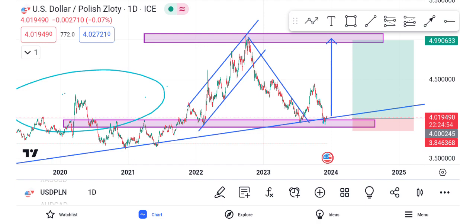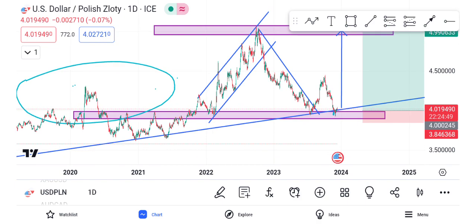So that's that on USDPLN. I mean United States dollar, Polish zloty. So my next video will be on Nasdaq, S&P 500 and US 30. So I'll be showing you my analysis on those three stock indices.